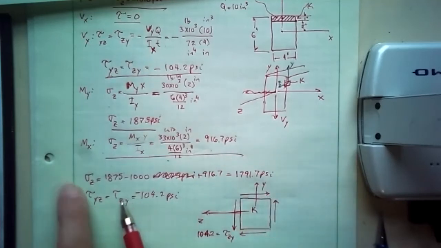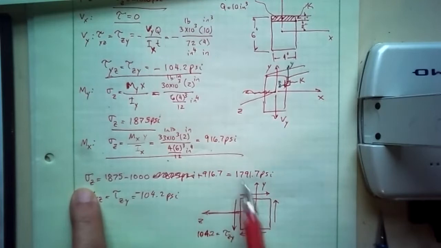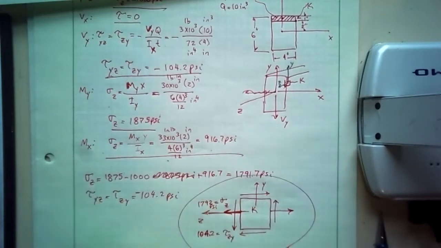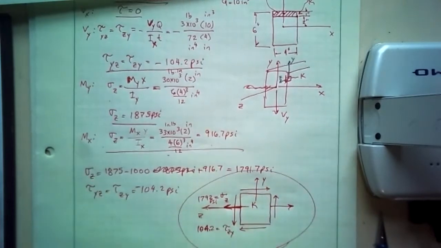The only other thing I have is sigma z, and that is positive. So I have sigma z like this. I'm just going to put 1791.7. So those are my answers for element K and the element H we had before.